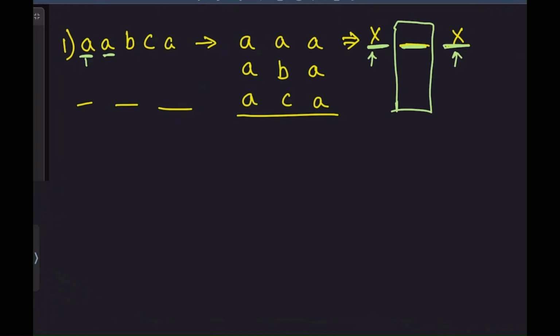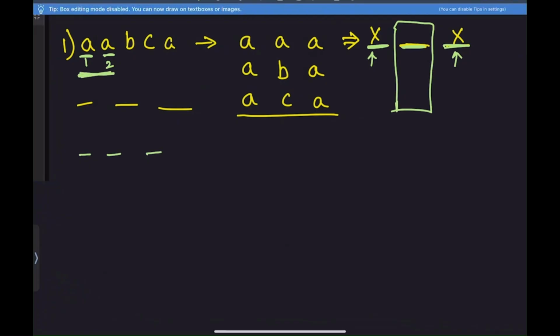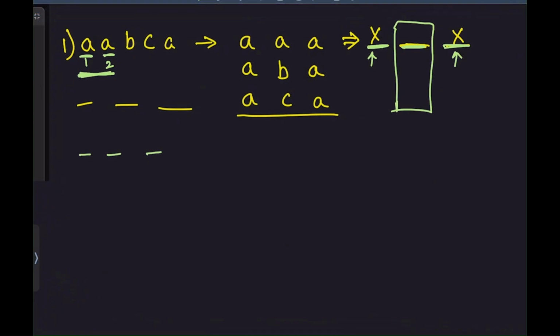This A represents the first letter of the palindrome, and this A represents the last letter of the palindrome. Now in order to create a palindrome, we need at least three characters, right? Since in this case we have only 2 characters with us, which does not suit the case, we simply avoid it.